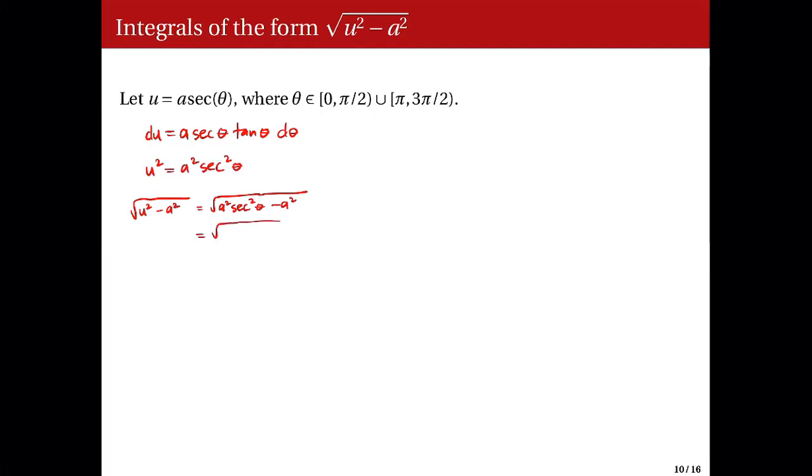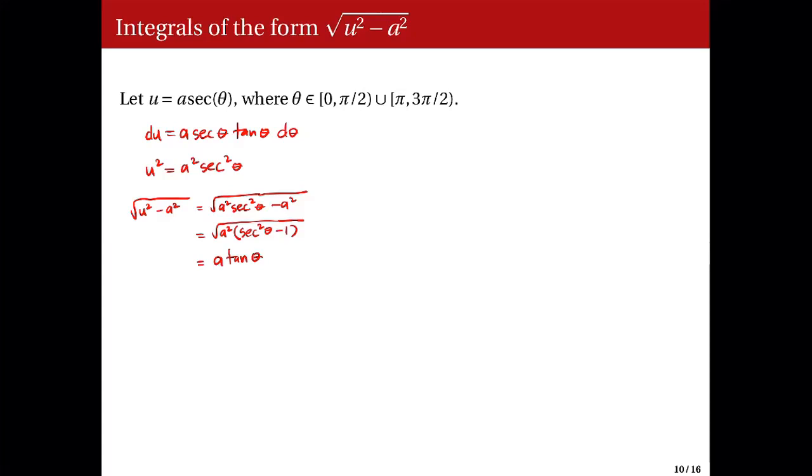We factor out a squared, and we will have the square root of a squared times secant squared theta minus 1. If you simplify this, you will just have a tangent theta.